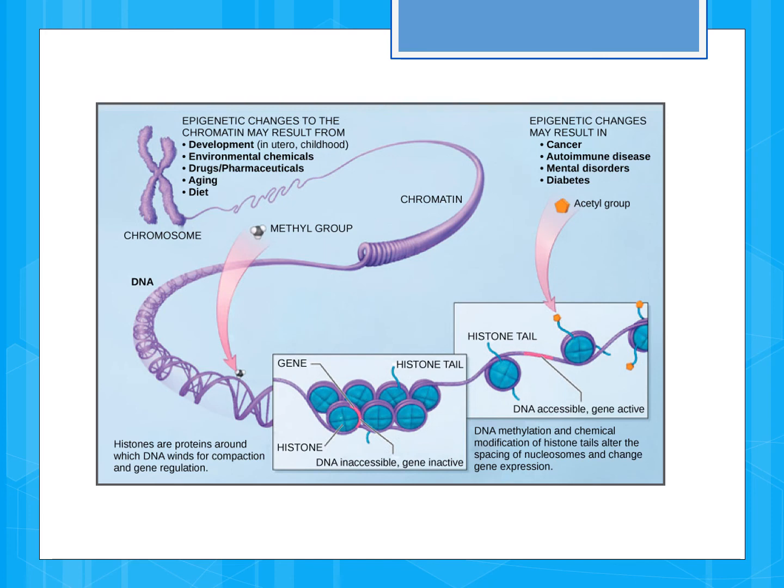Okay, so you can see that having that chemical tag there means that it can't coil as tightly, which makes it more accessible, so those genes are going to be more likely to be activated. If you add a methyl group to the DNA, that causes the DNA to be more tightly wound around the histone, which makes that DNA inaccessible to RNA polymerase. So therefore, the gene is inactive.